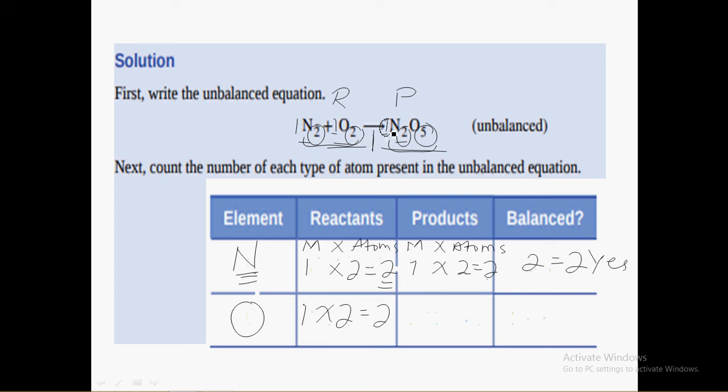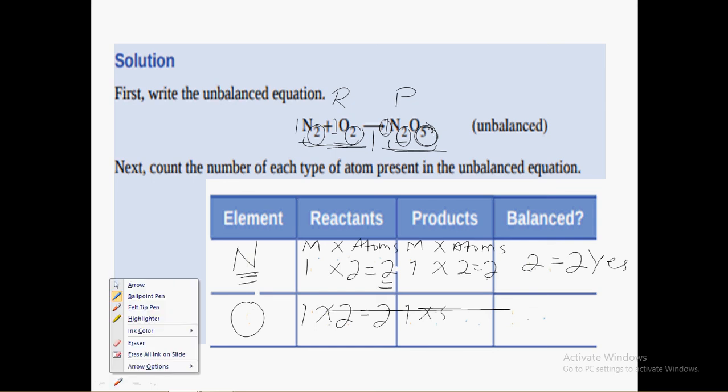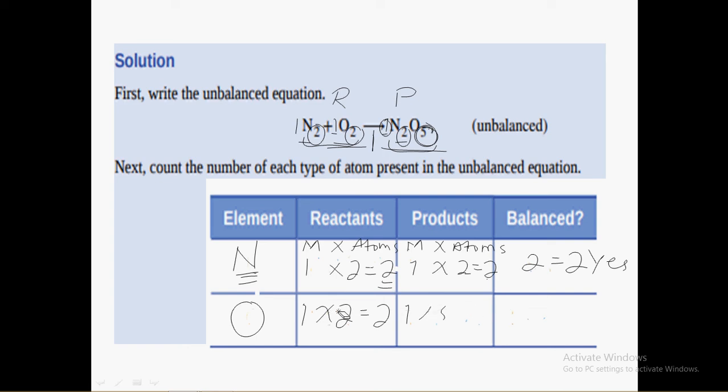This is 1 times 5 because of 5 atoms of oxygen. So 1 times 5. Oh, sorry. 1 times 5, right? So students, 1 times 5 is equal to 5.